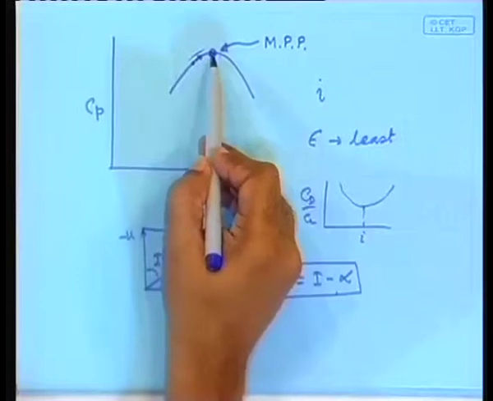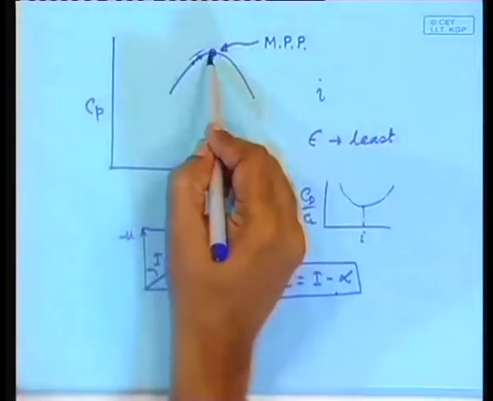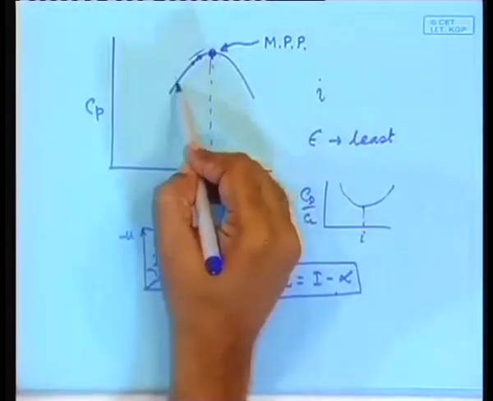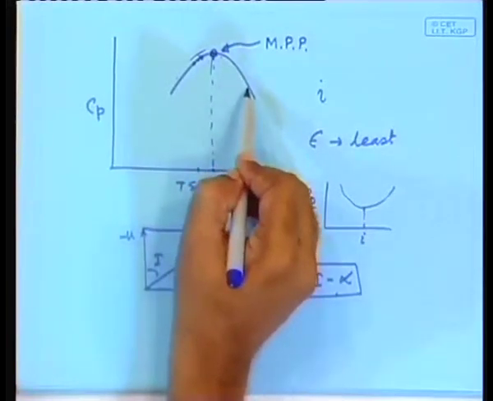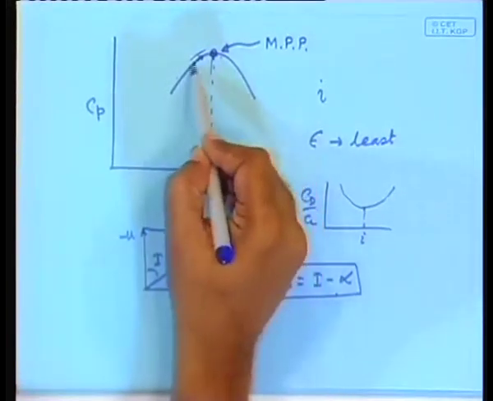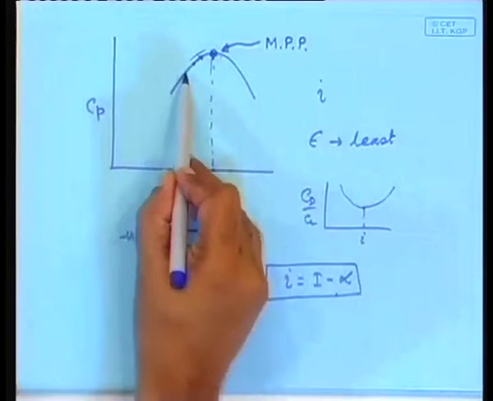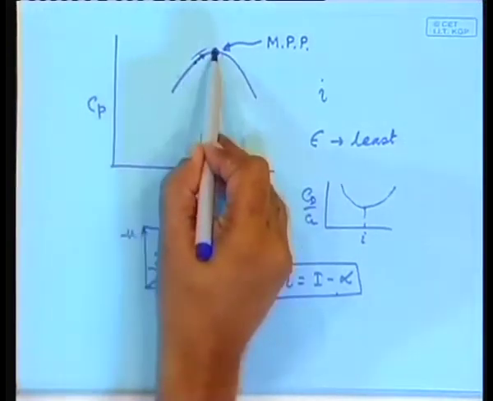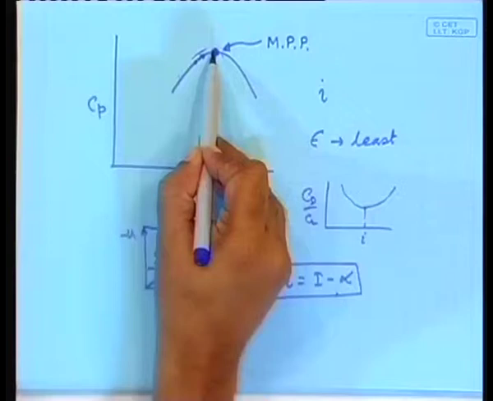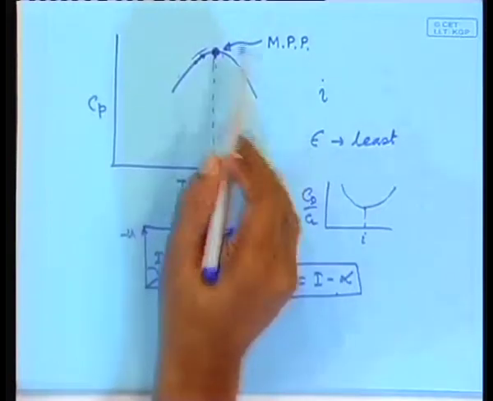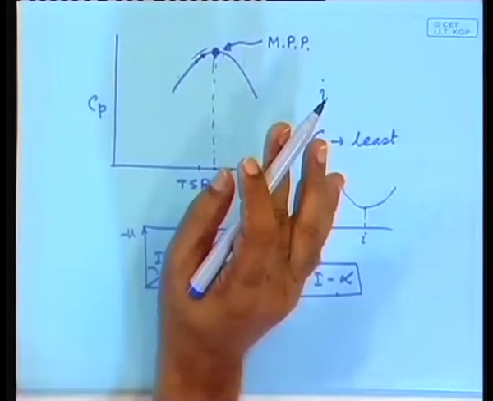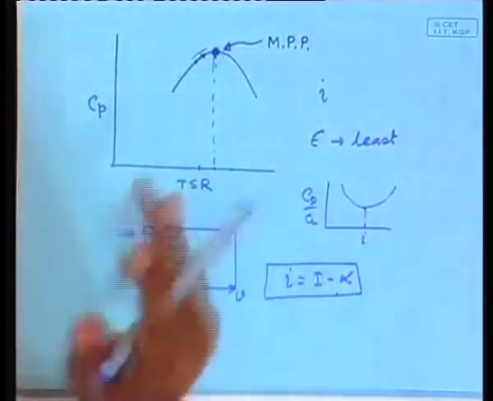What is the distinctive character of this peak as compared to any of these points? At any of these points, if you change the TSR, the CP changes, but at this point if you change the TSR, the CP does not change. Convinced? That can be used as a means of obtaining the maximum power point.